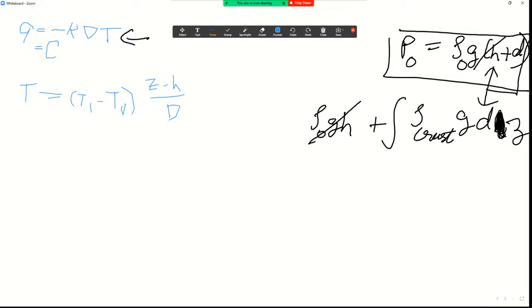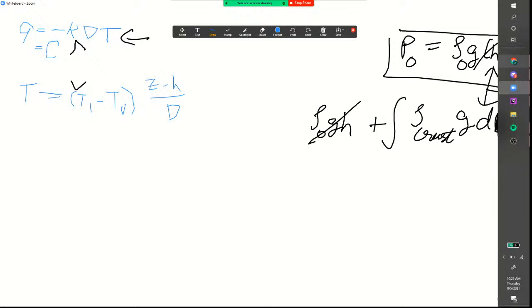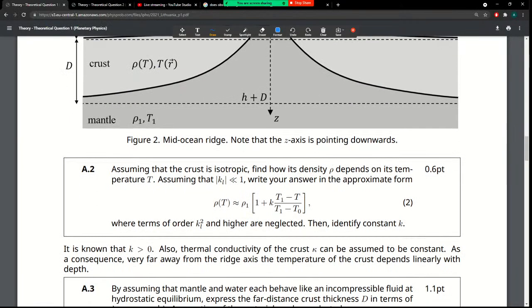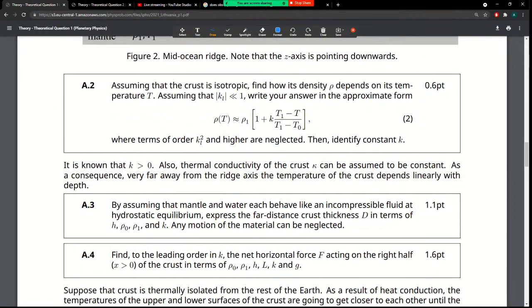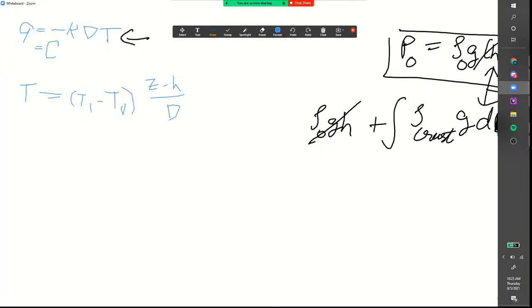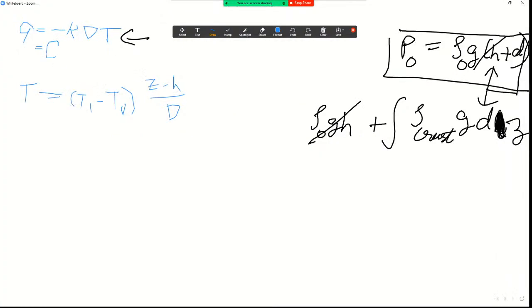But I think there is excess data. We can find kappa with T1 and vice versa. They have told that we have to answer in terms of H, rho naught, rho 1 and K. So kappa we have to ignore. Okay, then we don't need kappa.